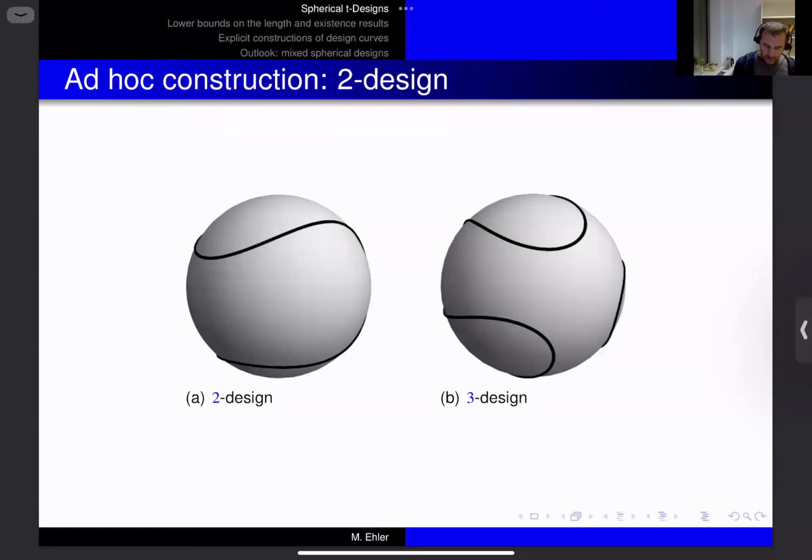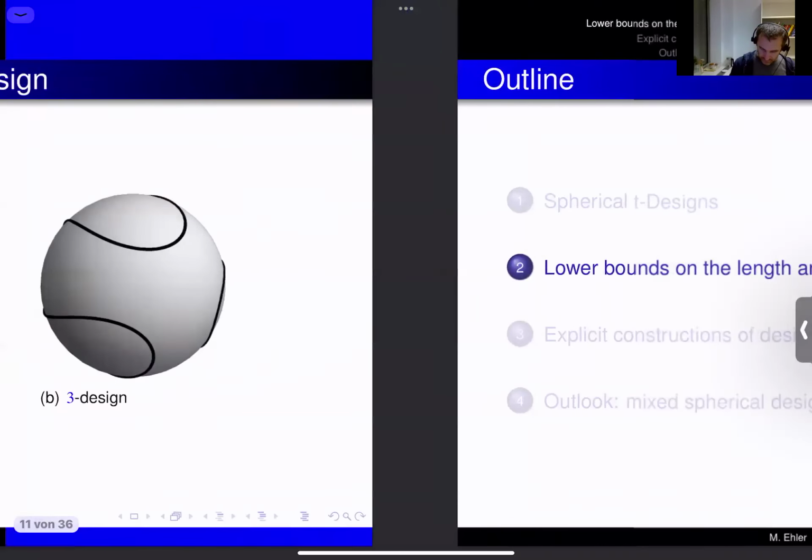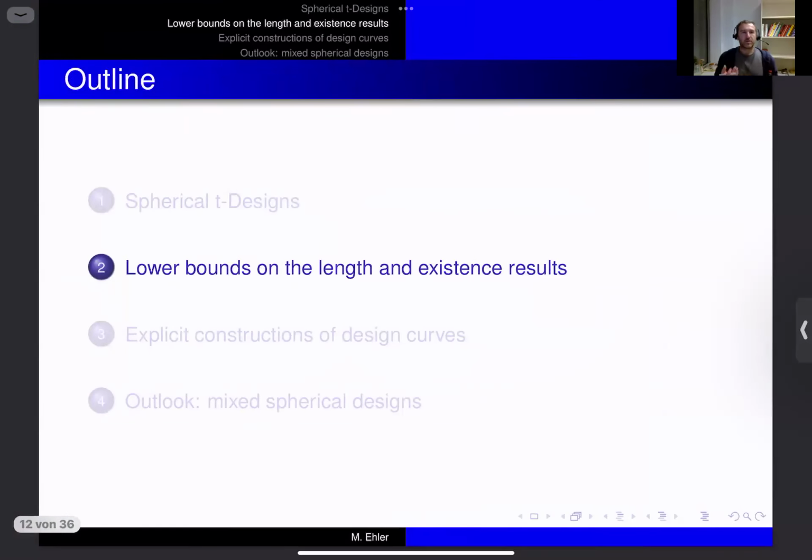Okay. But for us, it's important we have examples. So the definition I made before appears to make sense, at least. And now that we have a few examples, at least, we also have a definition. Now we'd like to play the same game as has been done for t-design points.